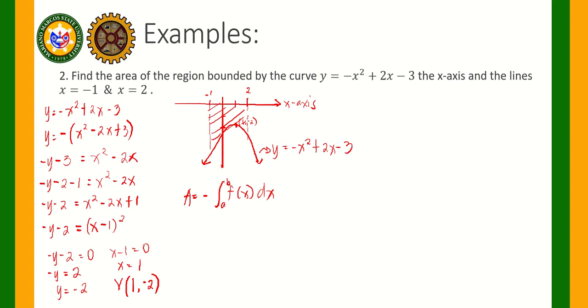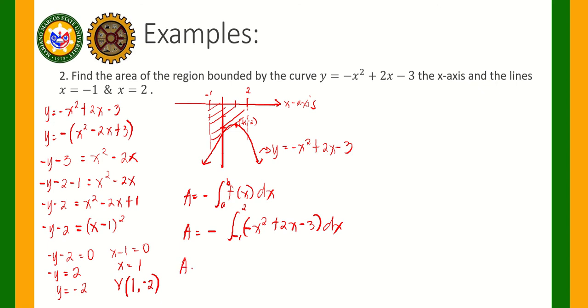So yung a natin is negative 1, yung b natin is 2. So our function is this one. So area is equal to negative the integral of negative x squared plus 2x minus 3 dx with limits from negative 1 to 2. So we are going to integrate each term separately.